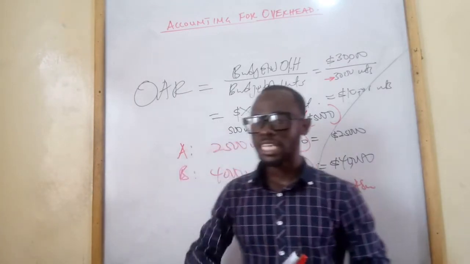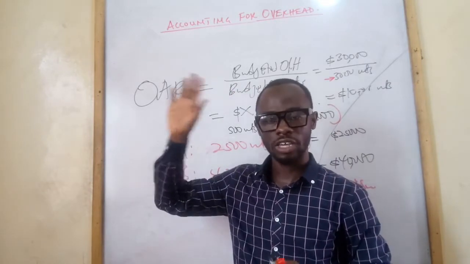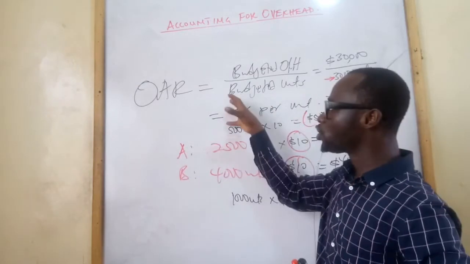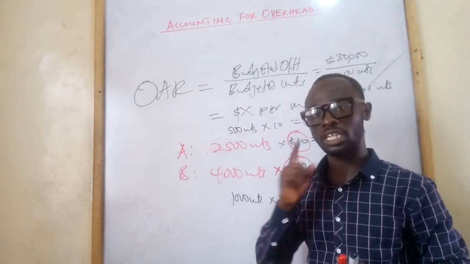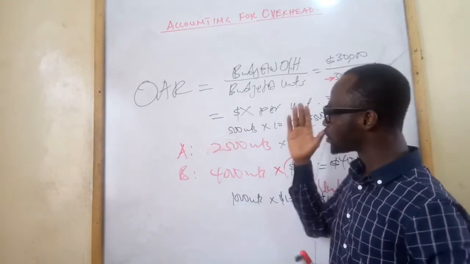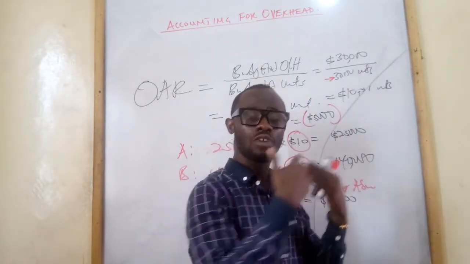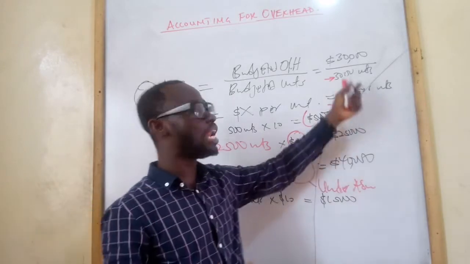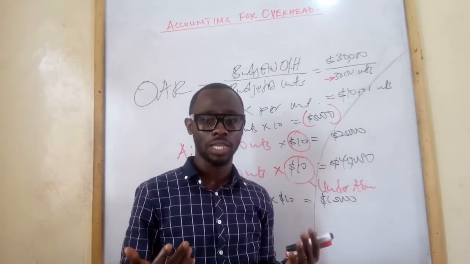Please note, anytime you are preparing budget information or a cost statement using absorption costing, the issue of over and under absorption has to be in your mind. So you must find out whether we have over-absorbed or under-absorbed. Assuming we were using labor hours too, the question would have been the same.